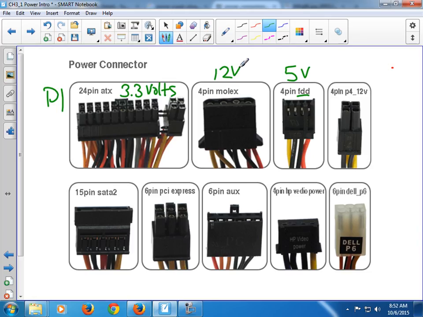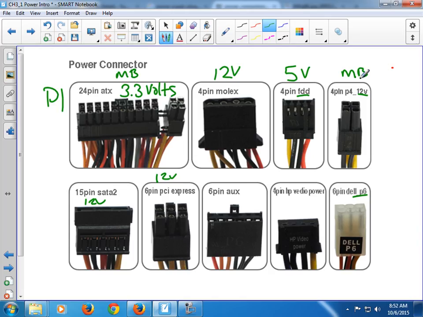Okay, the P4 is a 12 volt. This P6 is a 12 volt. The PCI Express is a 12 volt. SATA connectors are 12 volts. They all go to something inside your PC. Now this one is a motherboard connector. This one is a motherboard connector. Those are the only motherboard connectors on that one.